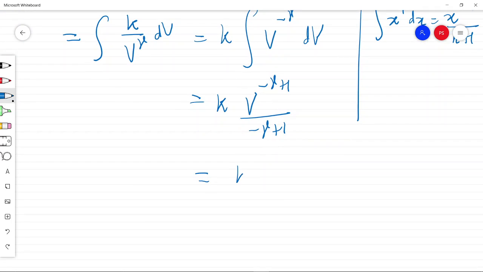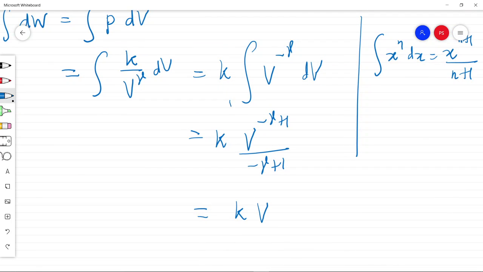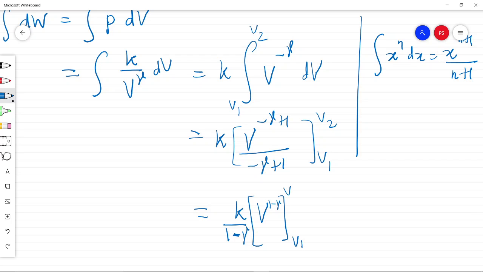So this is equal to K V raised to, of course there are limits again from V1 to V2. So let us put the limits from V1 to V2. So this gives us K upon, this minus gamma plus 1 is same as 1 minus gamma, and limits V raised to 1 minus gamma from V1 to V2.